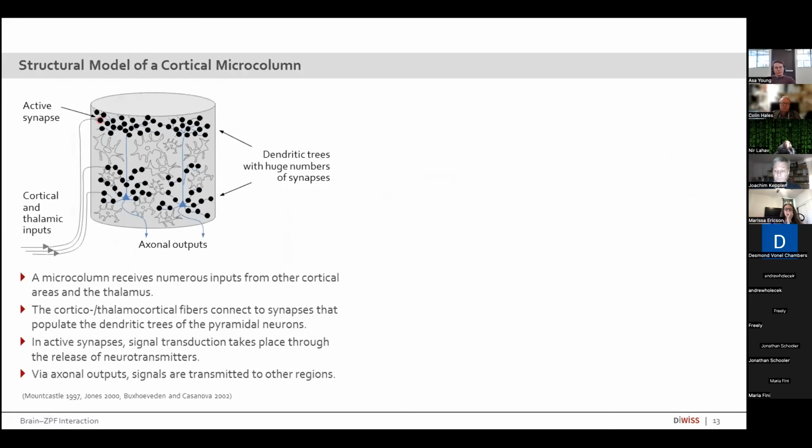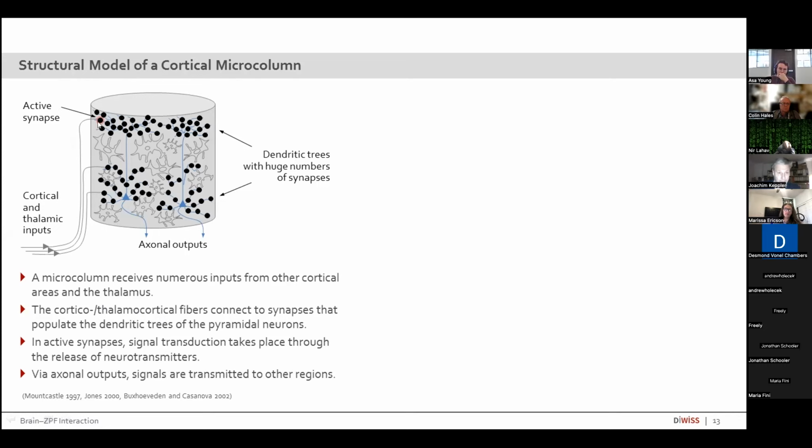And now let's take a closer look at a structural model of such a cortical microcolumn. A cortical microcolumn receives numerous inputs from other cortical areas and also from the thalamus. And these so-called cortico-cortical and thalamo-cortical fibers connect to the synapses that populate the dendritic trees of the pyramidal neurons.